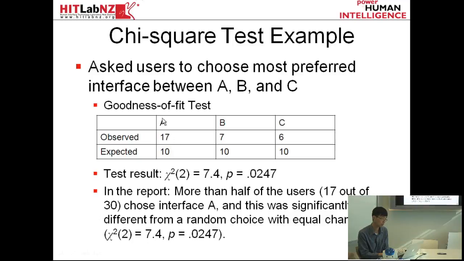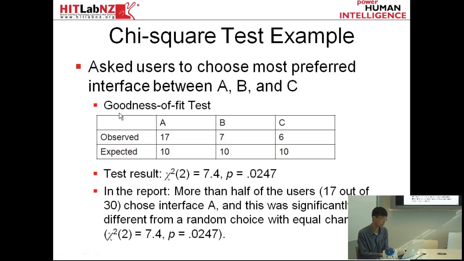So 17 people chose A, 7 people chose B, and 6 people chose C. And then you have another row with an expected choice: if people chose randomly, then maybe 10 people might have chosen A, 10 people might have chosen B, and 10 people might have chosen C. And we are comparing these two frequency distributions to see if the choice was meaningful or was randomly selected.